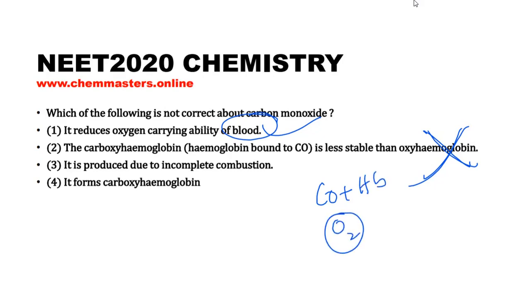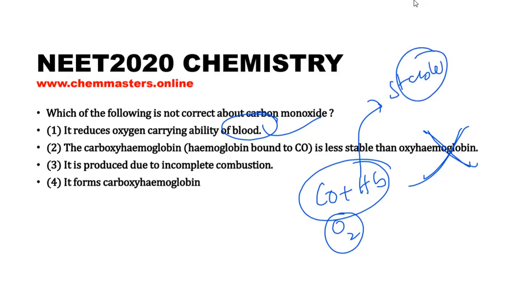So that's why it will produce a stable complex, carboxyhemoglobin. Okay, so the second statement is the wrong one. It is produced due to incomplete combustion. It is a correct one. It forms carboxyhemoglobin. It is also the correct statement. So our answer is the second one.